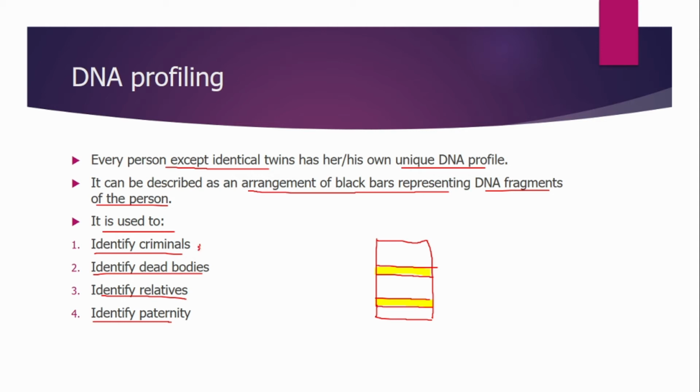To identify criminals, let's say there was a crime scene, or let's say there was a break-in. In the break-in, blood is found, and this blood is taken by the police to find the DNA profile.